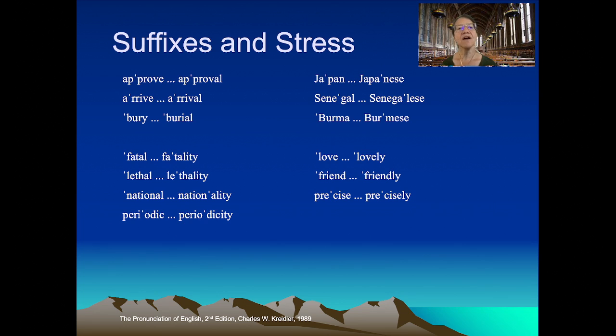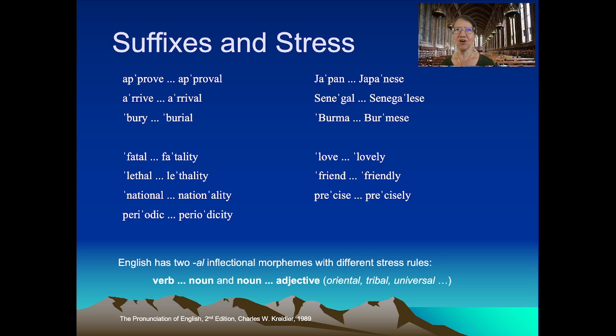Okay, welcome back. So you'll see here, for example, in the first block, where we have approve converted to the nominal approval by adding the ul affix. In this case, there is no shift in stress. The ul affixation process is actually a little more confusing than that, and you can see that below.